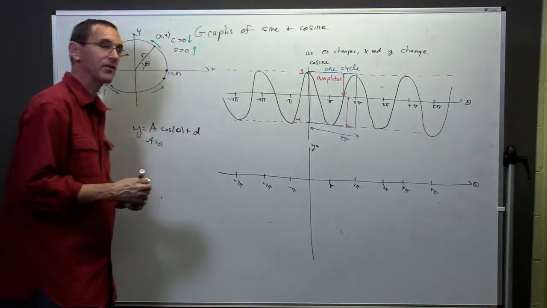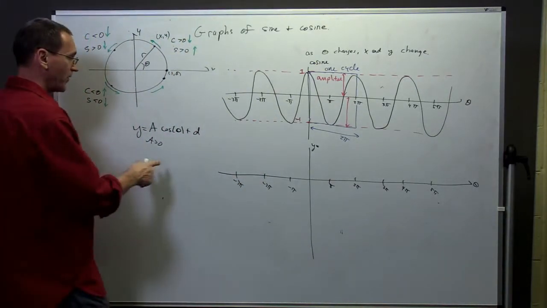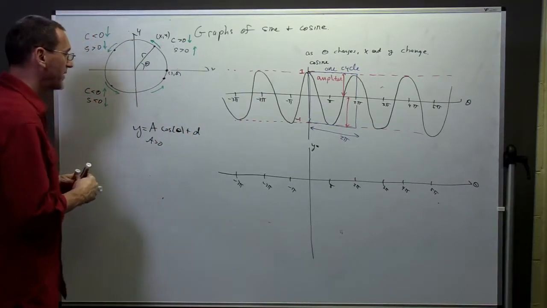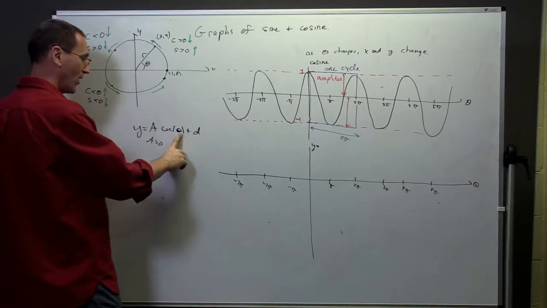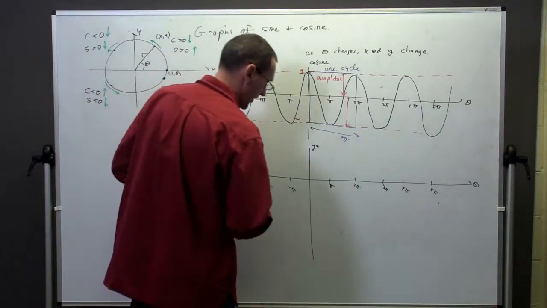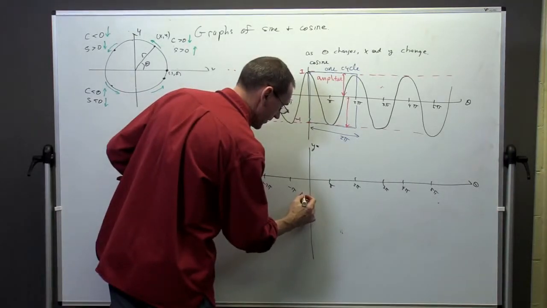So I have something like this. Now this should be a theta. When theta is 0, this cosine is going to be 1, so I'm going to have a plus d. So this is going to be at a plus d.